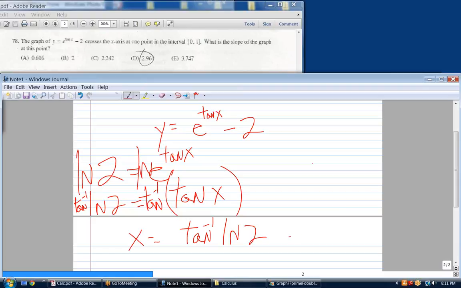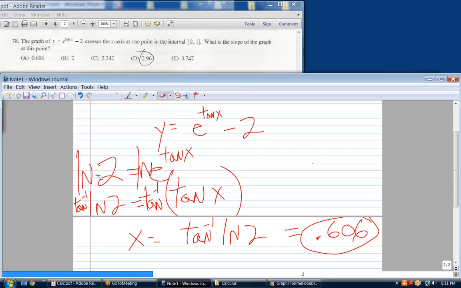Okay, they want the slope of the graph at that point. Well, let's find the slope of this graph and then plug in this point for x to find out what the slope is.